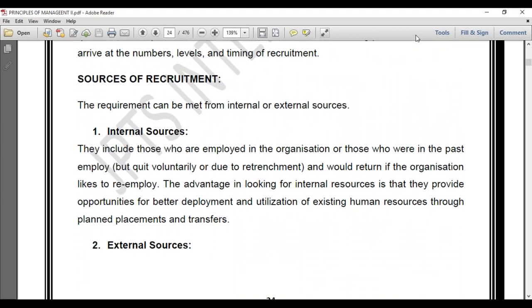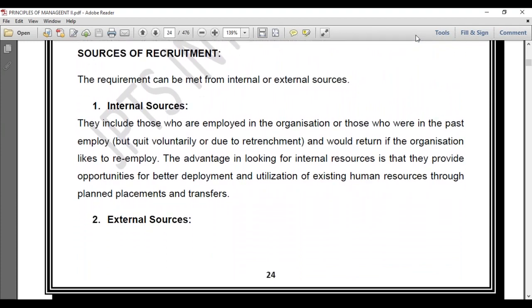We have various sources of recruitment, internal sources and external sources. By internal sources, we are looking at the people you employ within the organization. People who voluntarily left the organization in the past, maybe as a result of retrenchment. Construction companies do this most of the times.